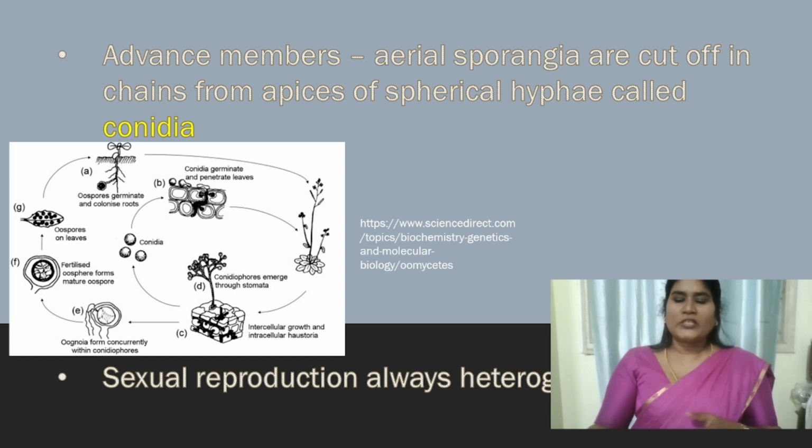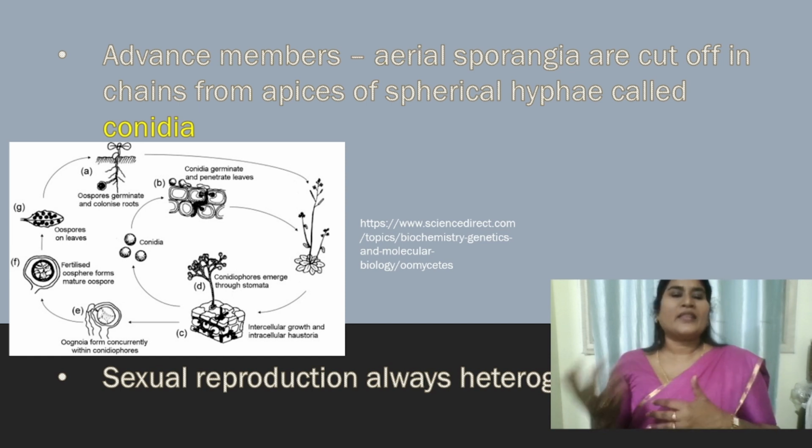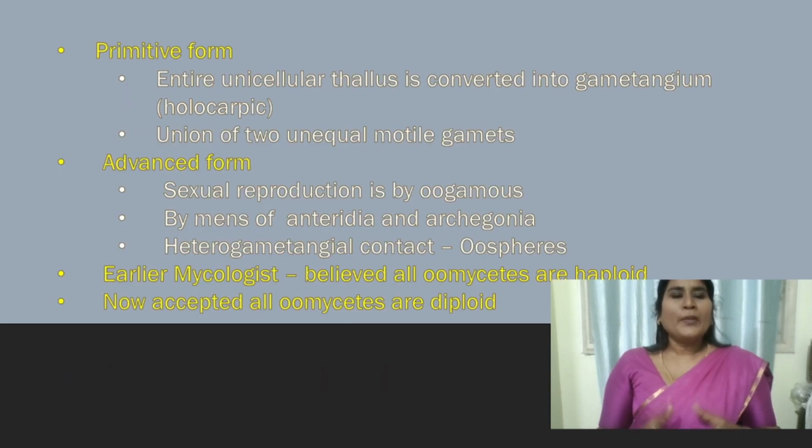You can see in the picture also. Sexual reproduction takes part by the heterogamous type, because externally both gametes, that means the antheridia and the oogonia, are different. The primitive forms, as already mentioned, are holocarpic in nature, and they have two unequal motile gametes that are fused.